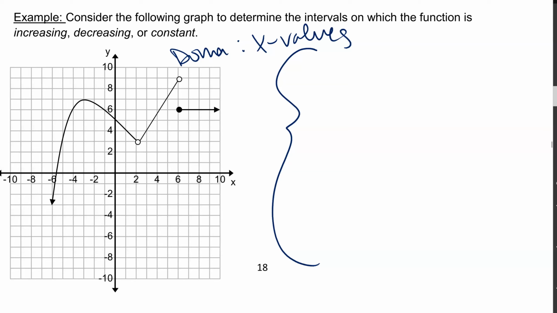So first I'm going to use pink, and I'm going to look for the places where we are increasing. Okay, seems like we're increasing here, and it seems like we're increasing here. Those are the 2 places we're increasing.